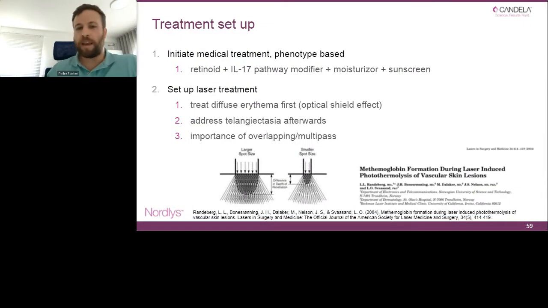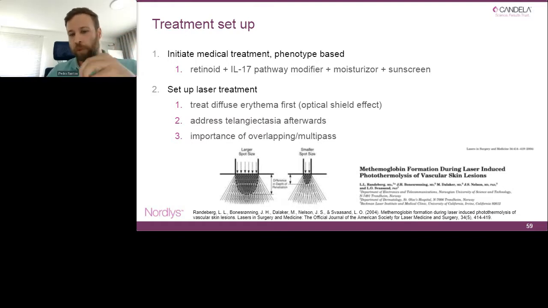In this case we have a diffuse redness and the TRT is pretty low, and normally we have a high pressure system. An effect of photocoagulation is more difficult to achieve.